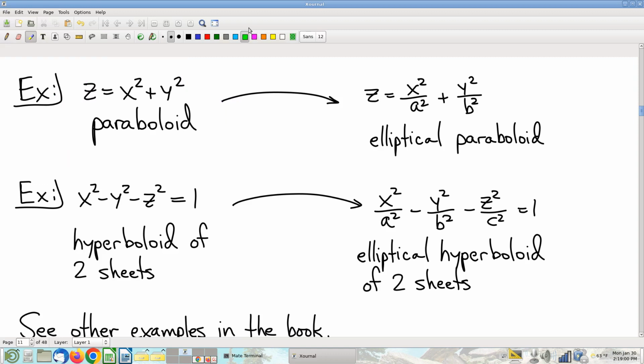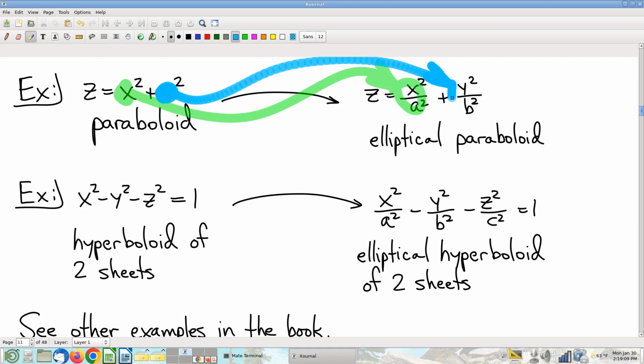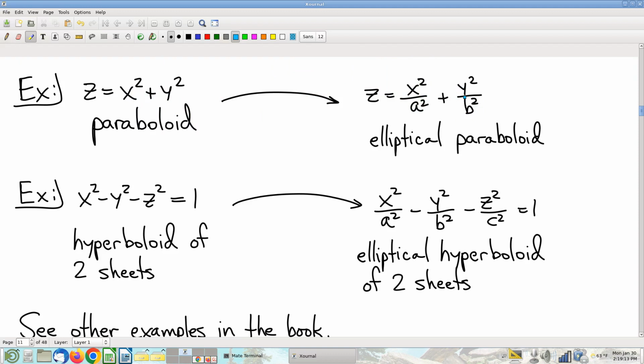And I can then think, all right, well, apparently I'm replacing x with x over a, and apparently I am replacing y with y over b. And so that means that this is what you get when you take your existing paraboloid and you stretch by a factor of a in the x direction, and by a factor of b in the y direction.